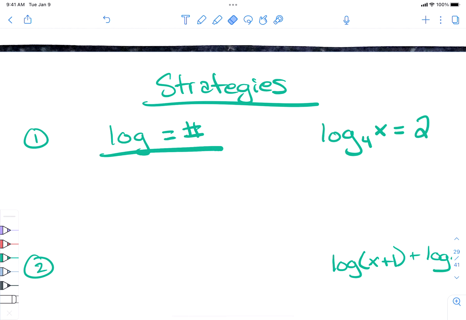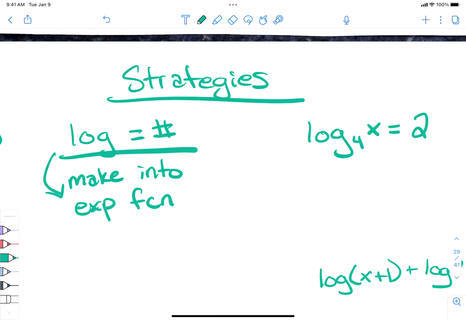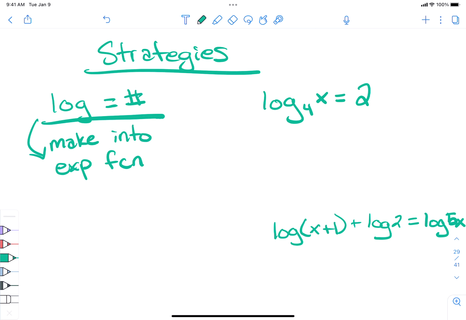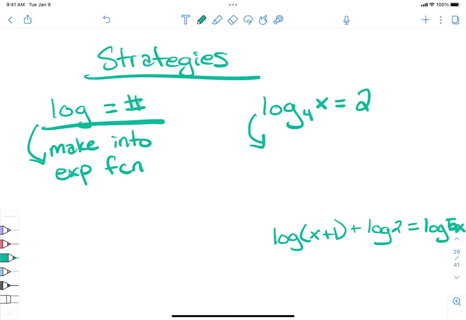Make it into an exponential function and then solve. So this one right here, log base 4 of x equals 2. If I make that into an exponential function, it is 4 to the 2nd power equals x, and then x equals 16, because 4 squared is 16. That's how you would solve that, right? That's your strategy.